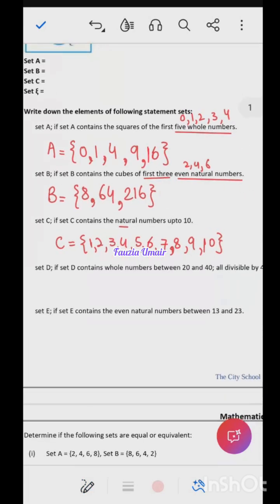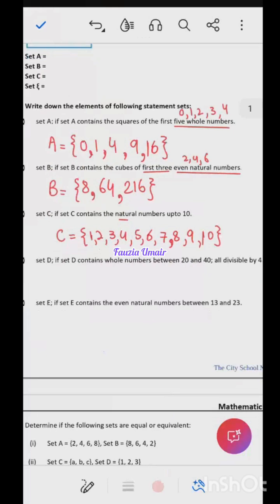Now just look at the fourth one. Set D contains whole numbers between 20 and 40, all divisible by 4. So there are 3 conditions: whole numbers, between 20 and 40, and divisible by 4. What are the elements of set D?